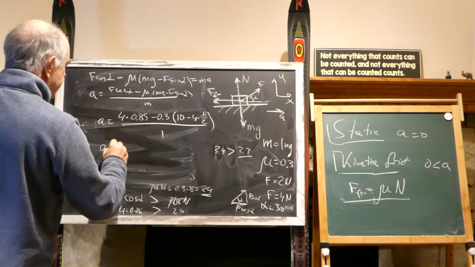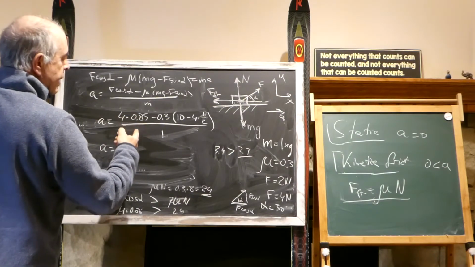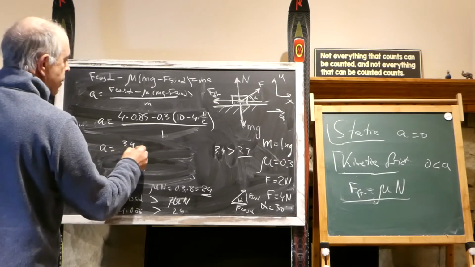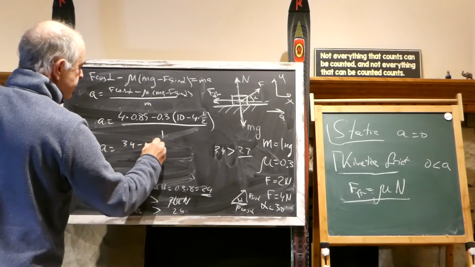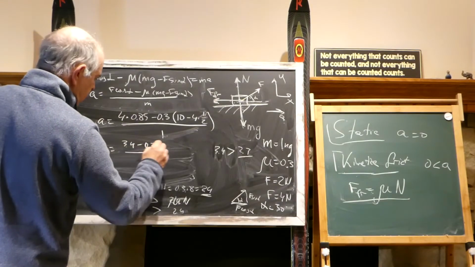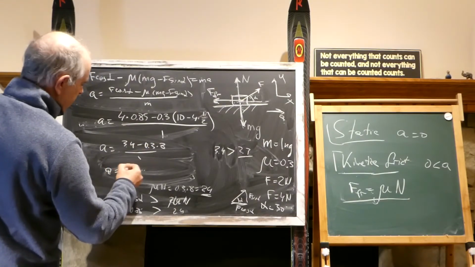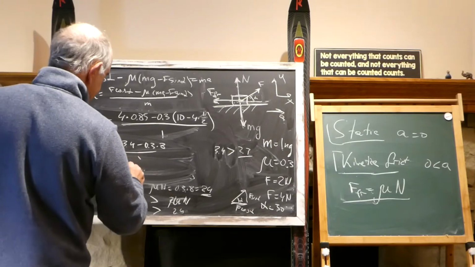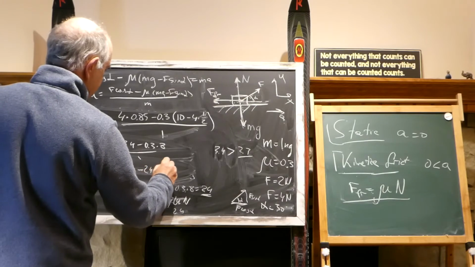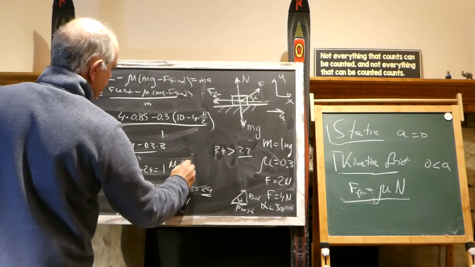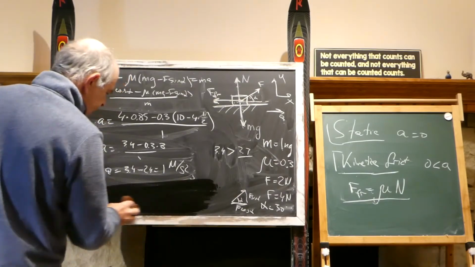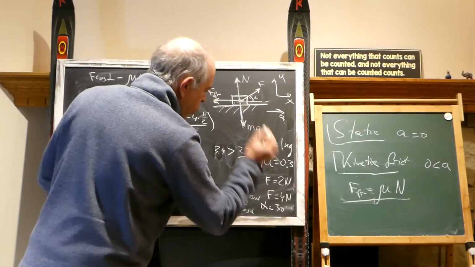Nobody divides over 1, it's the same. 4 multiplied by 0.85 is 3.4, and this is 0.3 times, 10 minus 2 is 8. Divided over 1, okay, I will not divide over 1, I will say 3.4 minus 2.4. It would be 1 meter per second squared. And this would be the case in this scenario when I apply force.